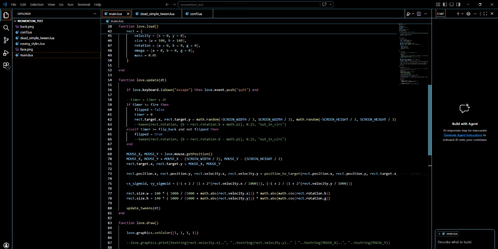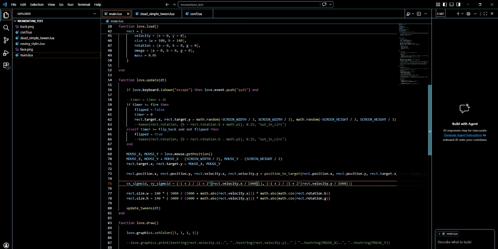Ultimately, we have a Vx sigmoid and a Vy sigmoid. Now you can see the modifier for x is by 1,000, and that's for a good reason, because the velocity x and velocity y are determined in pixels. So for example, the sigmoid would be close to 1 if the velocity is close to 1,000.